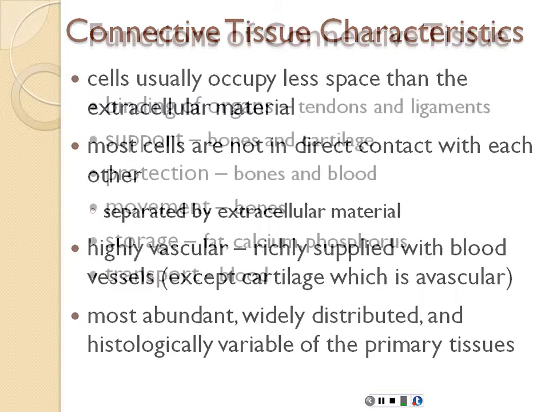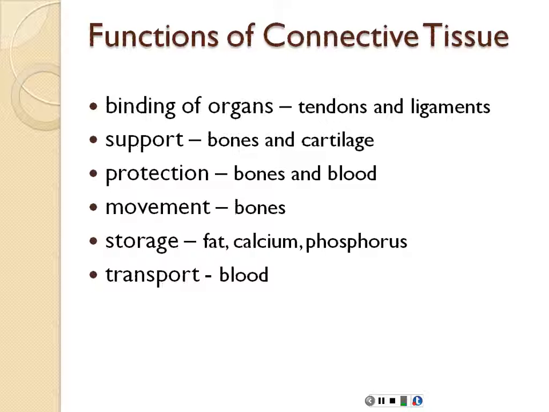All right, so those are the characteristics of connective tissues. What are some functions? So the easiest way to think of functions is to think of which tissues or what part of the body the tissues are found in. So we have tendons and ligaments, which are connective tissues.